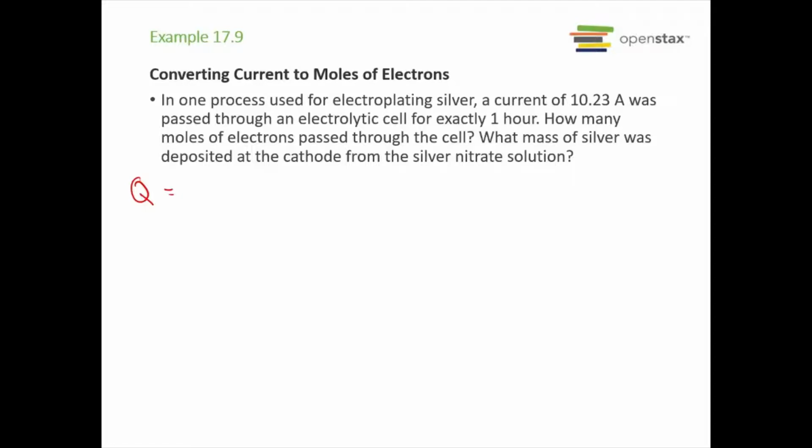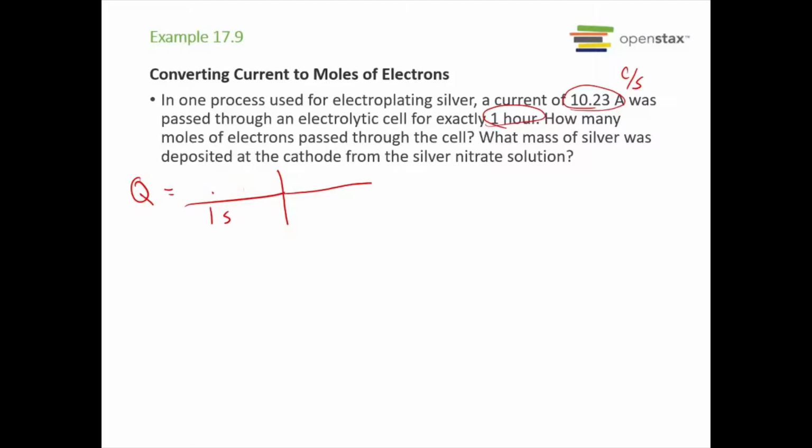And a couple things that we're told is we had 10.23 amps. So that is a coulomb per second. So we have 10.23 coulombs for every 1 second. And we're told that this was done for 1 hour. So actually I'm going to rewrite this.